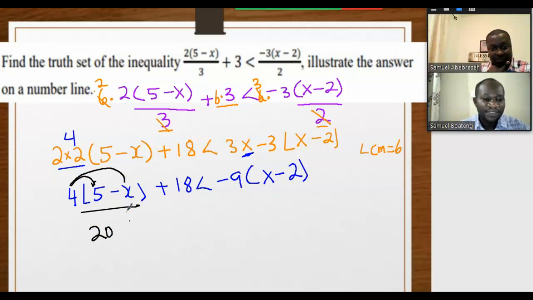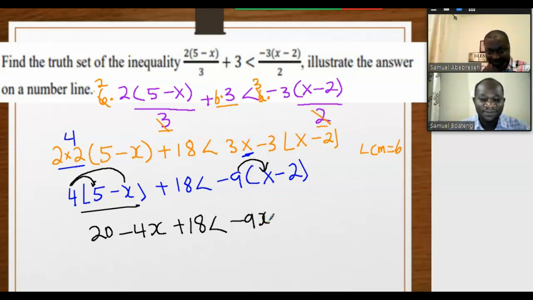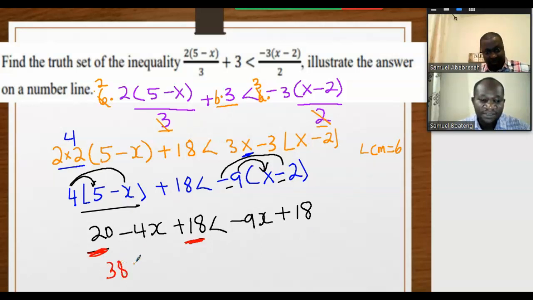Then 4 times minus x will give you minus 4x, plus 18, less than minus 9 times x, which will give you minus 9x. And then minus 9 times minus 2 will give you plus 18. Okay, so 20 plus 18, you have 38, minus 4x less than minus 9x plus 18.